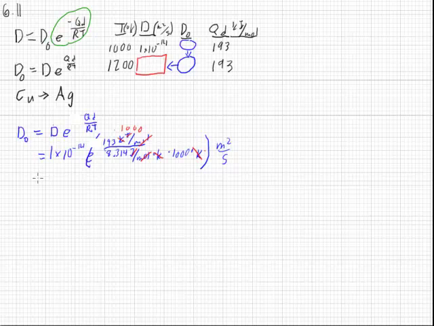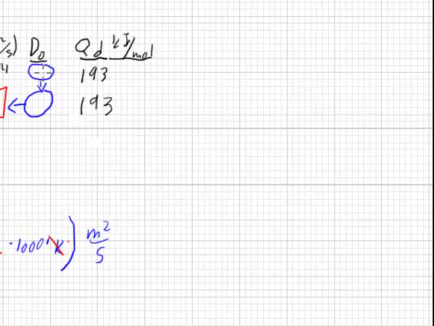So the pre-exponential is 1.22 times 10 to the negative 4th meters squared per second. So got that there.